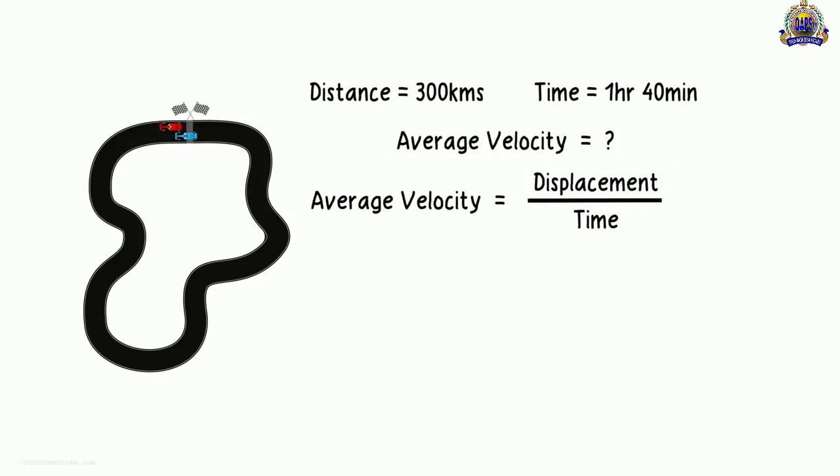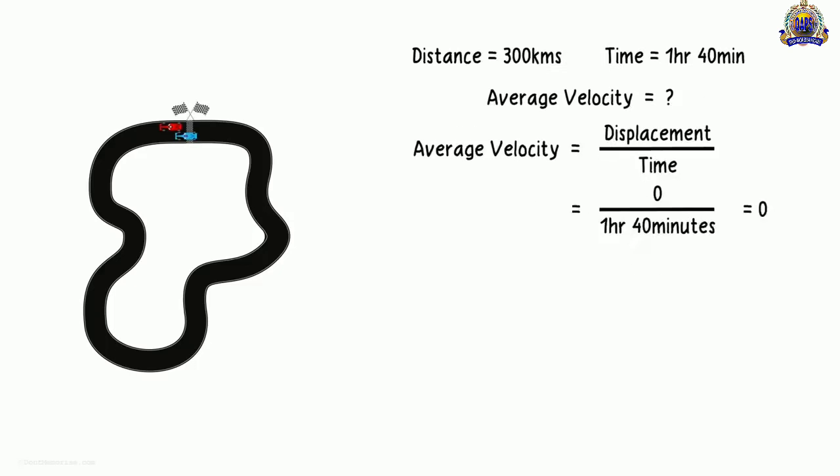As the initial and final points are the same, the displacement is 0, because the starting and final position are the same. So the average velocity, of course, will be 0, because there was no change in the displacement here.